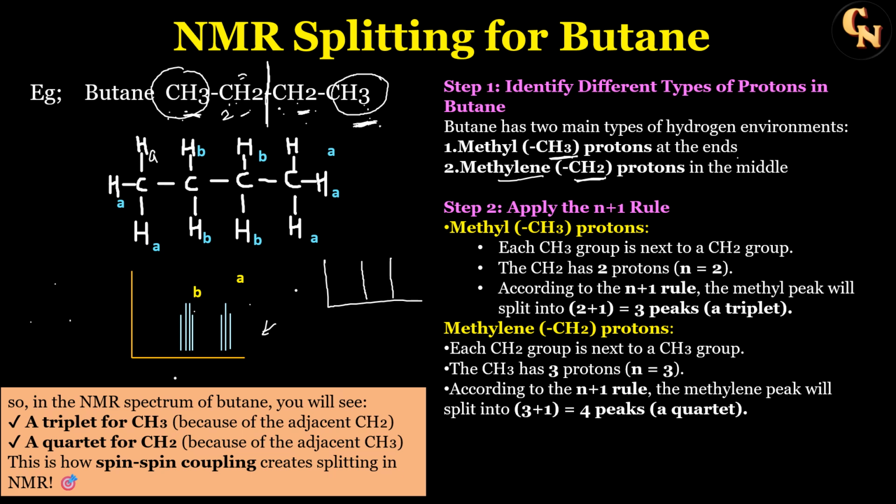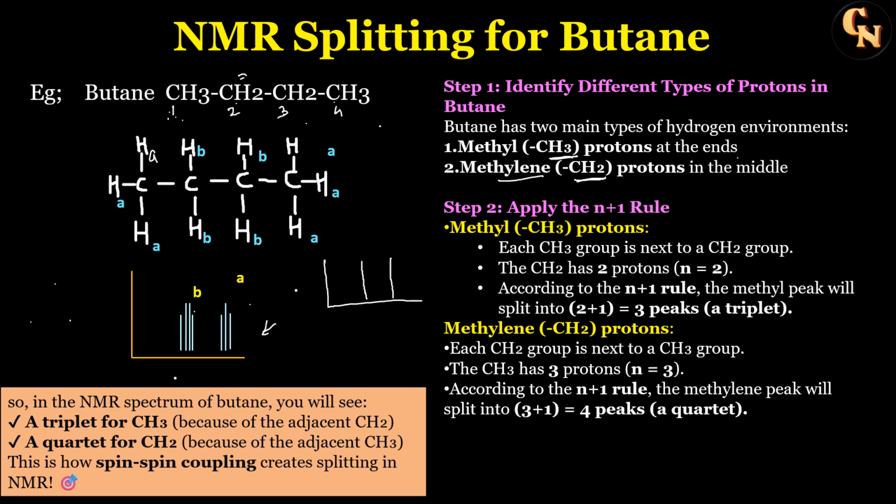Now we will apply the n+1 rule. Let us start with the terminal CH3 protons. I'll label the carbons first, second, third, and fourth.